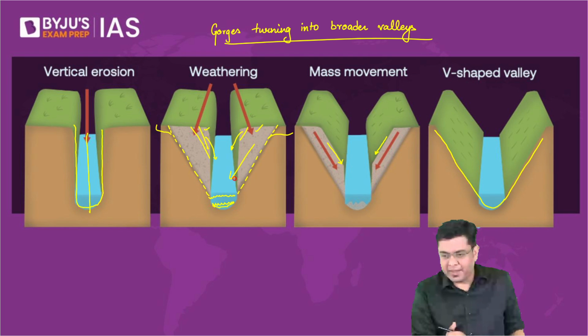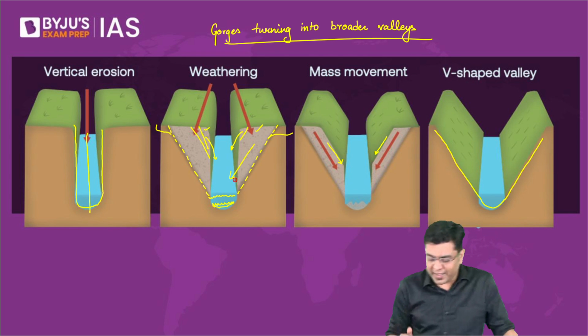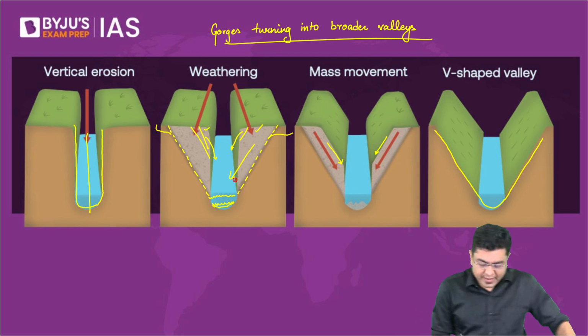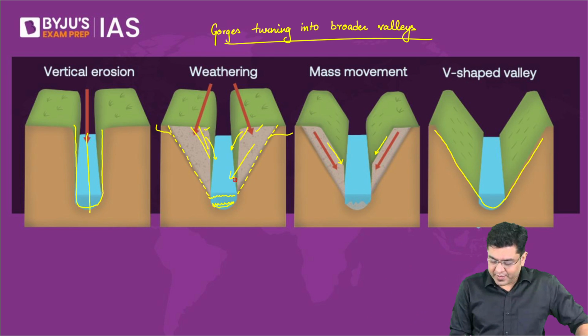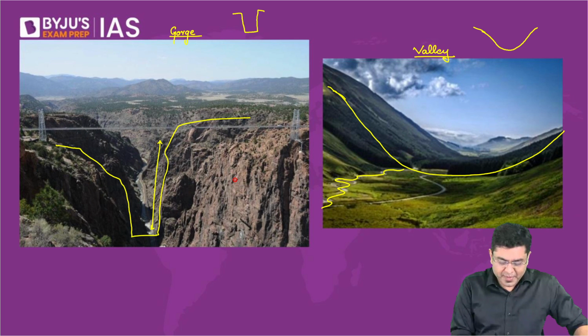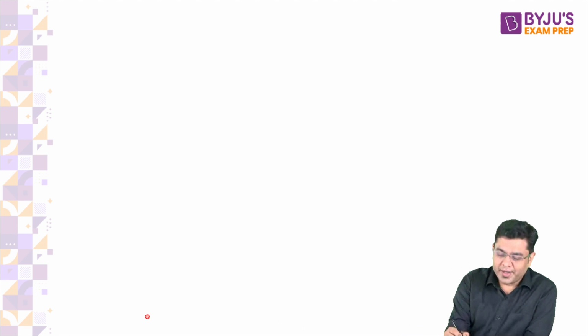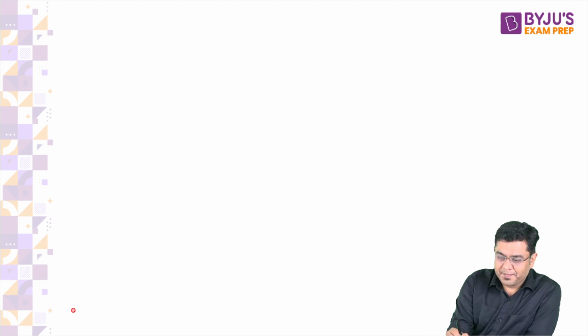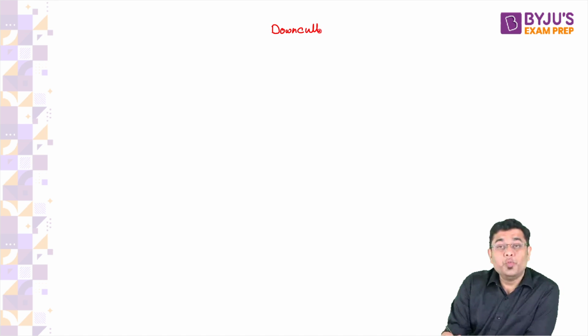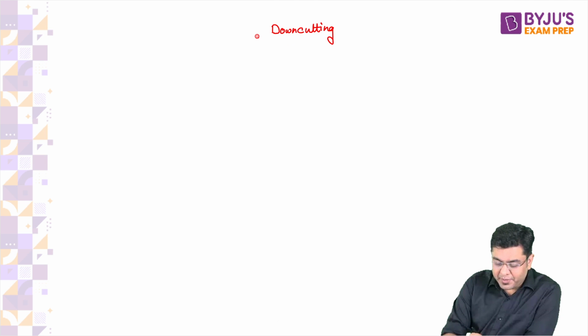Okay, for few of you who are unable to imagine the portion of vertical down cutting itself, let me recreate a diagram. I thought I'll need to recreate a diagram for incised meanders, but let us talk about down cutting then. How is it that down cutting happens? Or the downward vertical erosion, how is it that it happens?